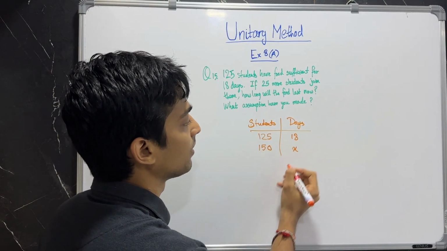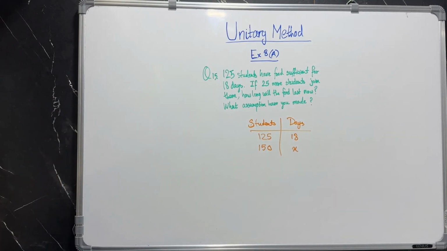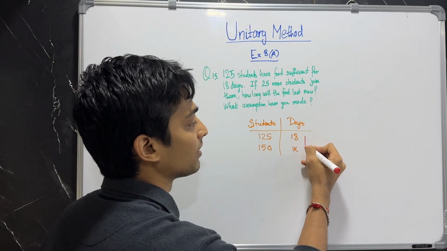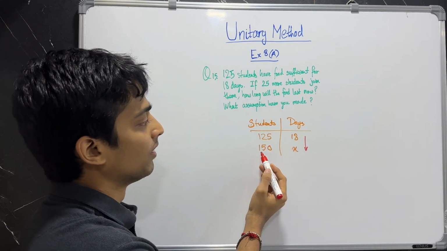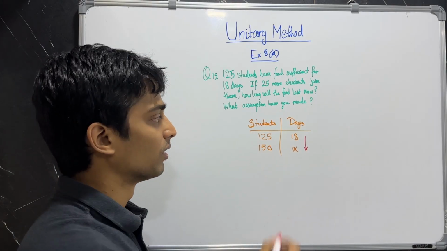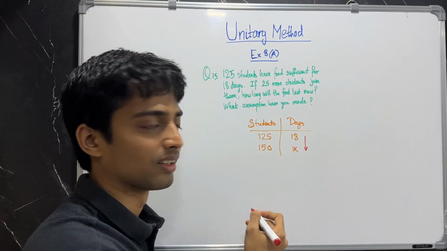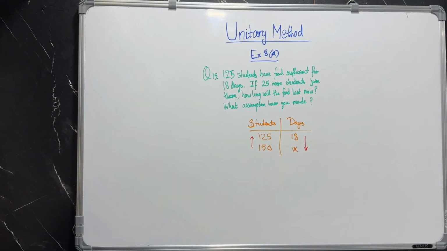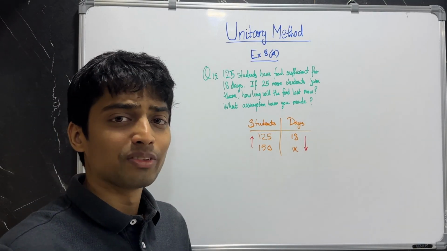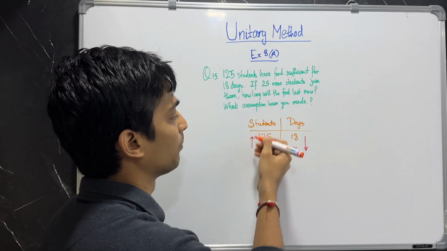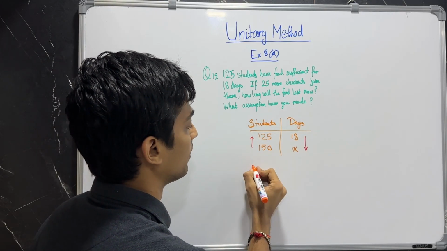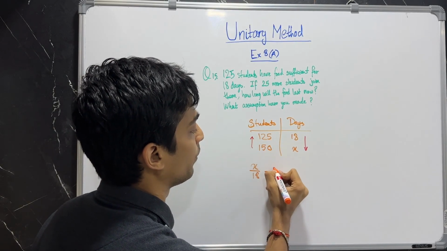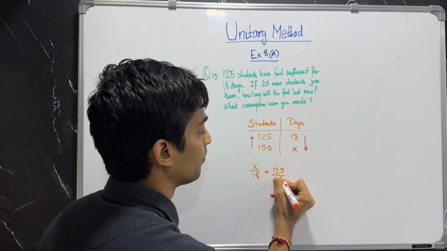We write x here. Again, the arrow method: we write a downward arrow here always, and here it is an inverse variation, so the arrow will be opposite. So upward arrow. Now same formula, head upon tail equal to head upon tail. So 125 divided by 150.